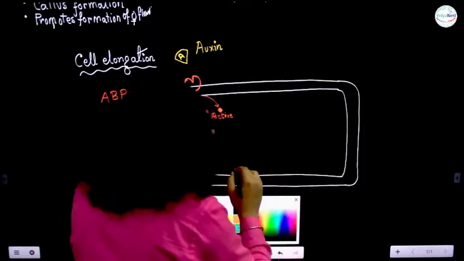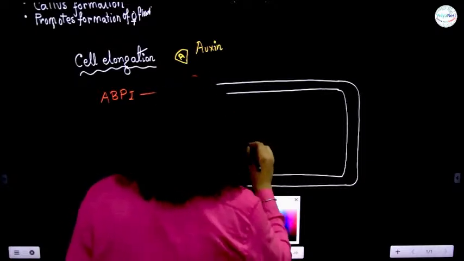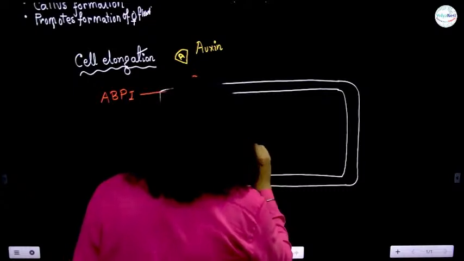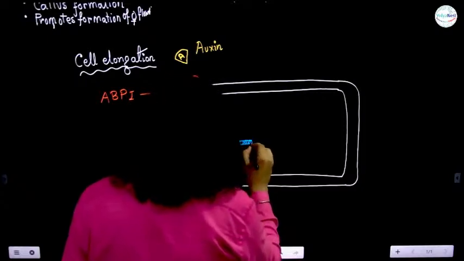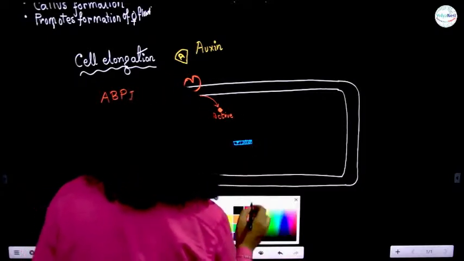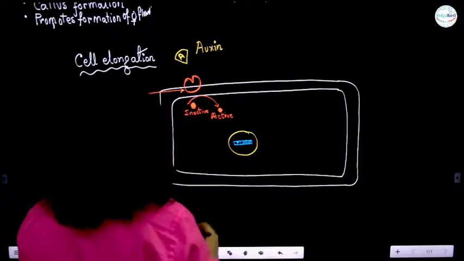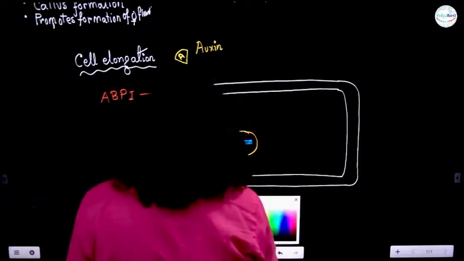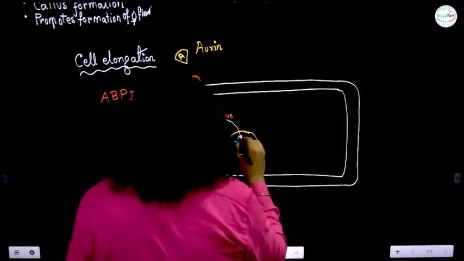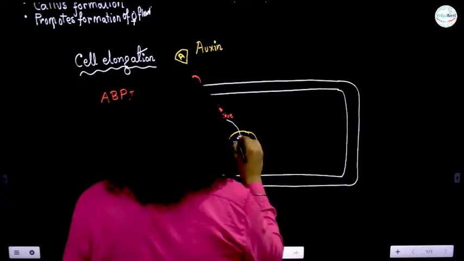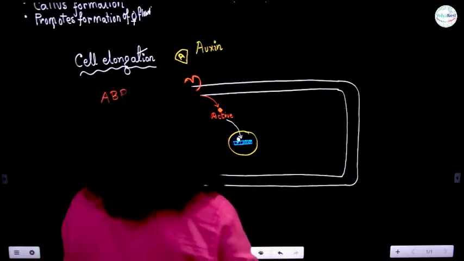they are going to enter into the DNA. Suppose this is the DNA which is having the promoter, I think P, and this part. So here you can see that this is an active receptor which will go and bind with the DNA, resulting in formation of some protein.